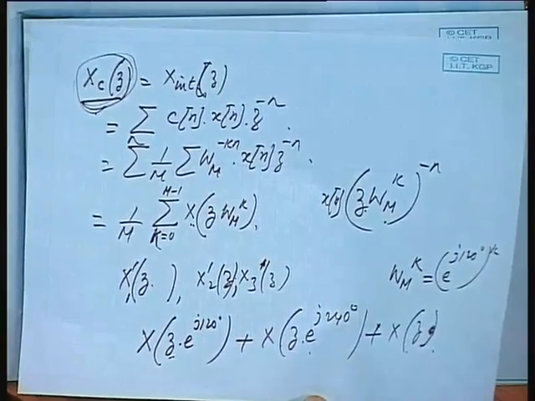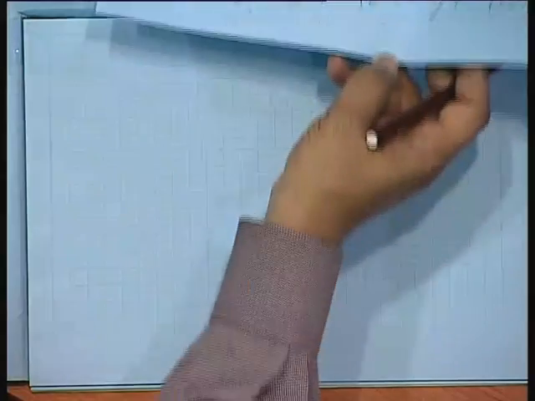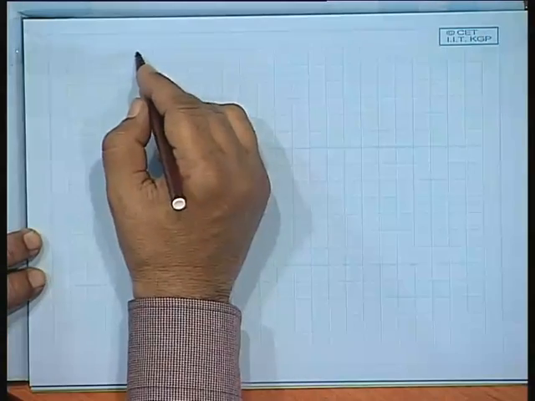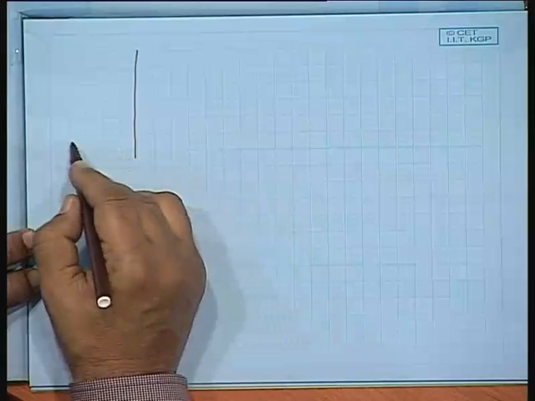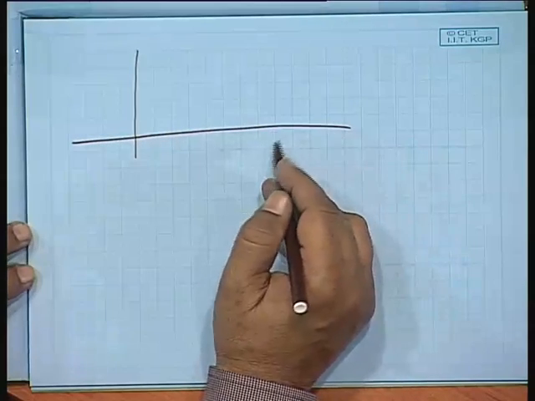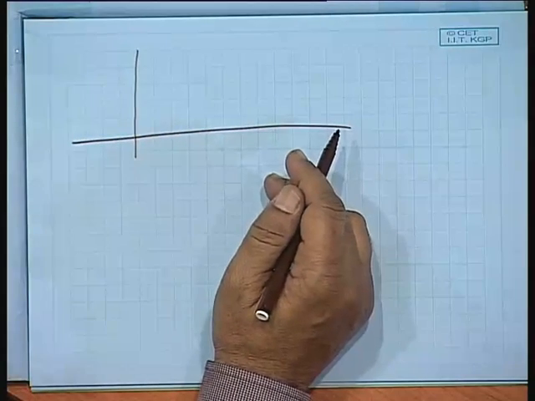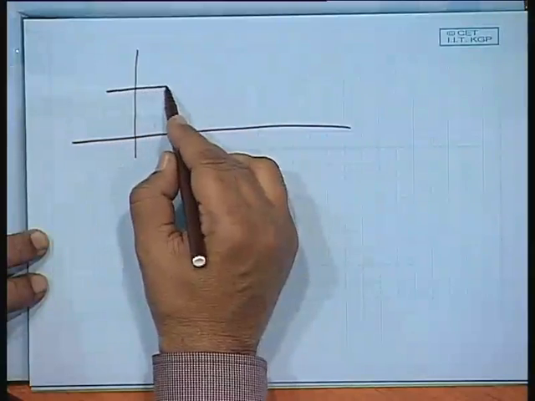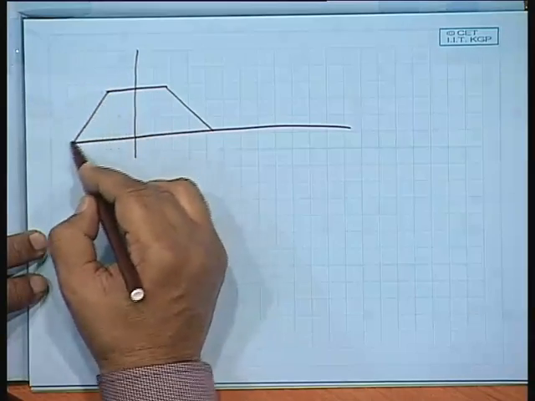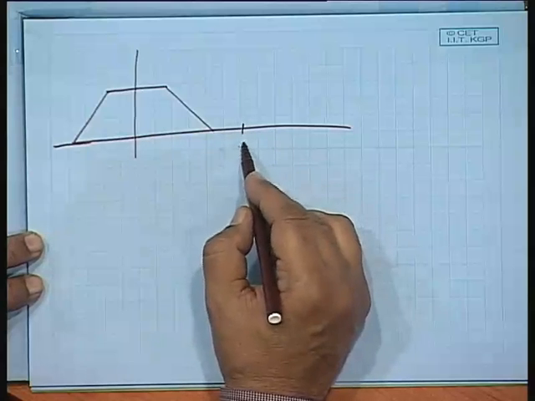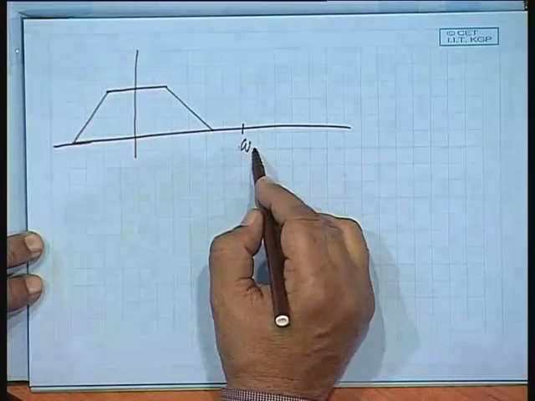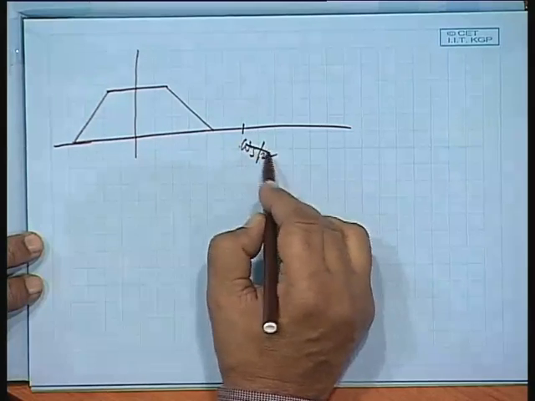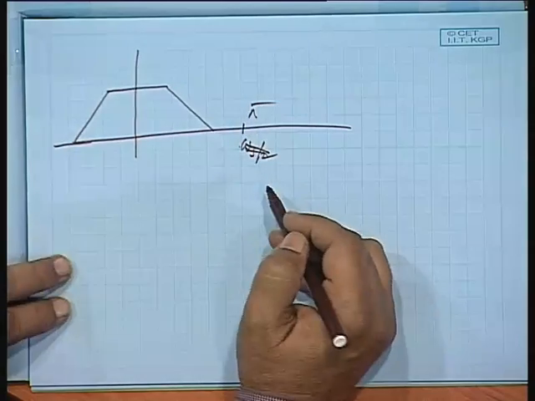What will be its effect? Downsampling means you are probably crossing the Nyquist border. That means the frequency response, which was like this, was well within omega s by 2, rather pi, we will call it pi.